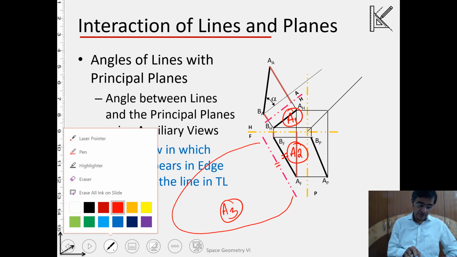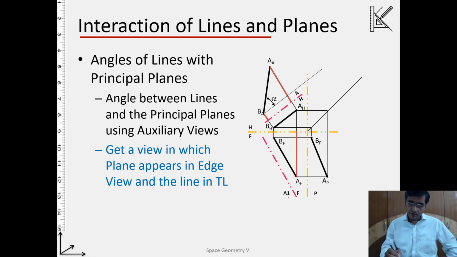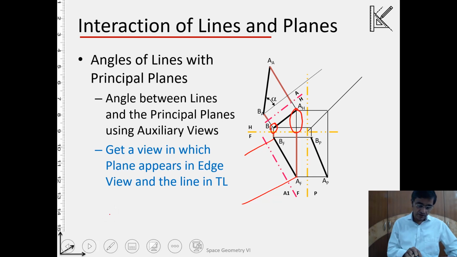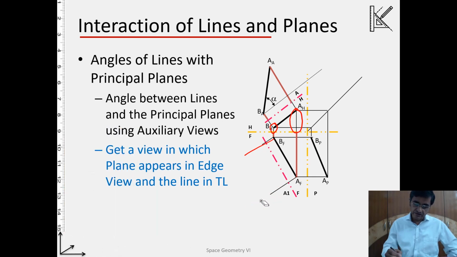Alright, let me clean it. So we will project now the line, and so the direction of the projection will be from A2 to A3, and distances I am taking from here. Alright, so if I do it, I will erase these lines.